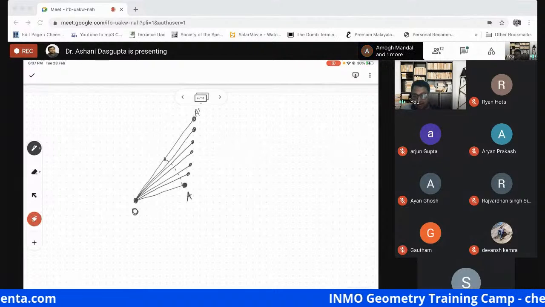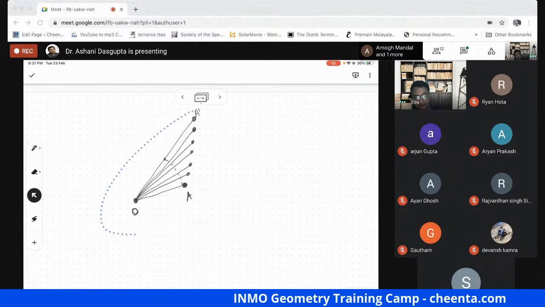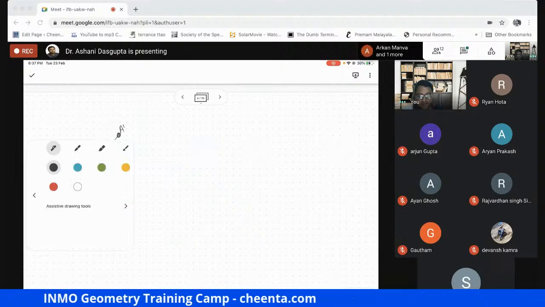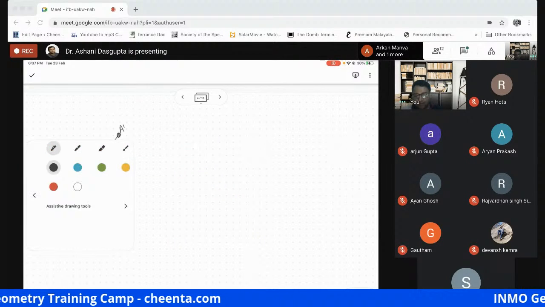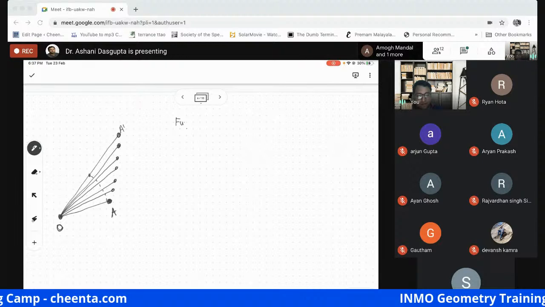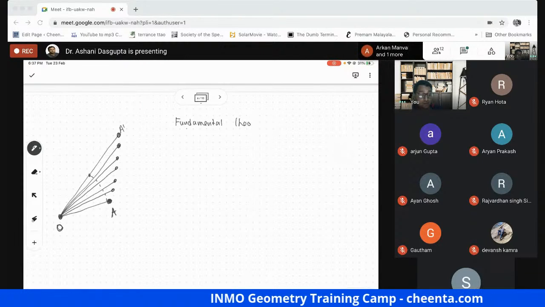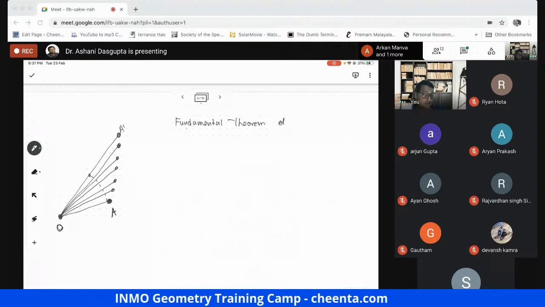Okay, but now we are going to apply this to a very simple but powerful problem. You can think of this as the fundamental theorem of spiral similarity.